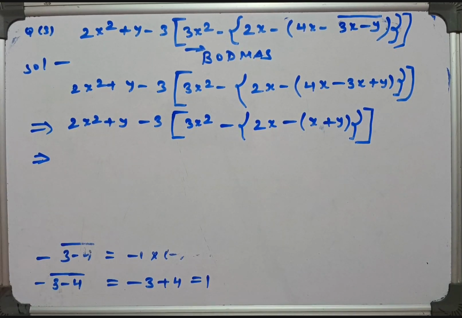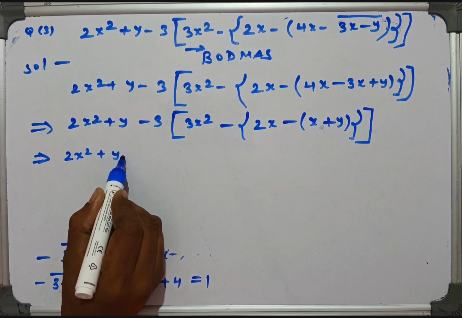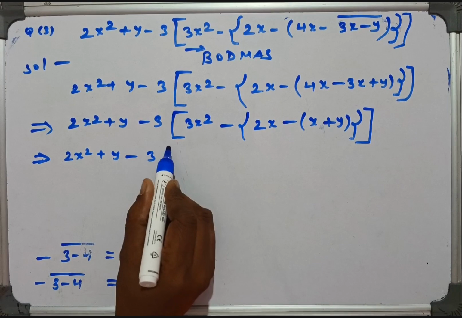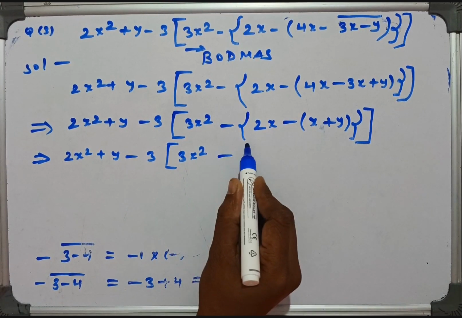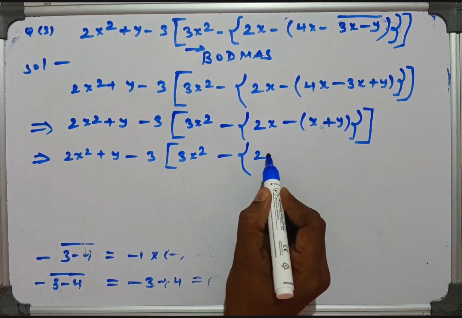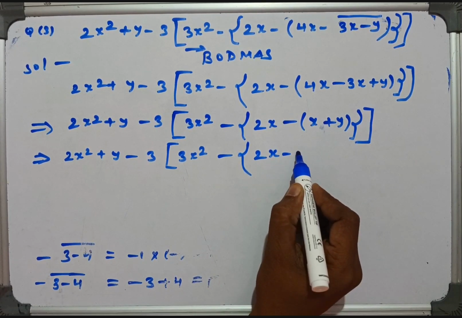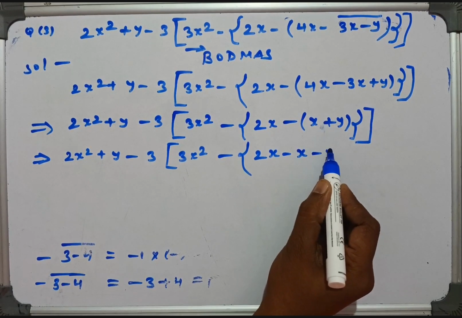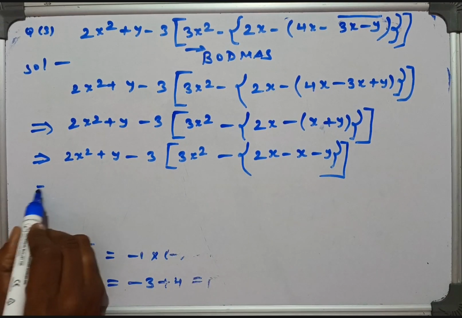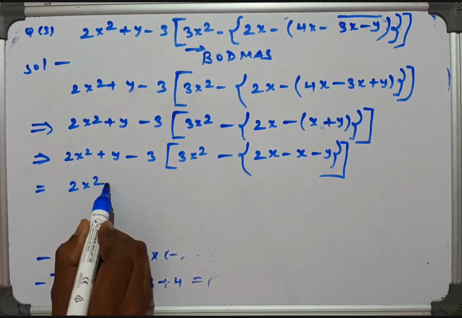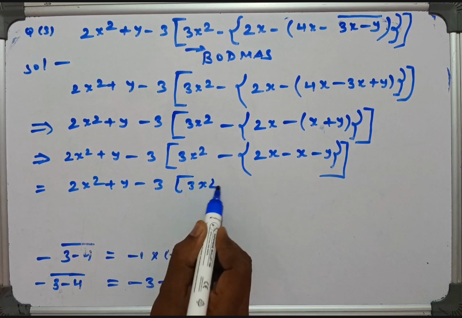Next one will be 2x square plus y minus 3 open square bracket 3x square minus open curly bracket minus x minus y curly bracket close square bracket close, 2x square plus y minus 3 then 3x square.